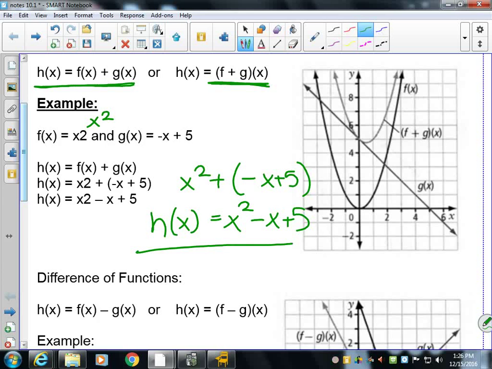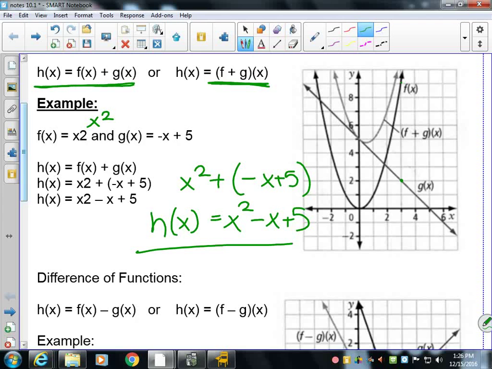Now, if they wanted us to add it, we could do this a couple of different ways, okay? If we look at the different points, for example, this point here is at 3, and this one is at 9. So f of x plus g of x, I would expect to be at 3 plus 9.